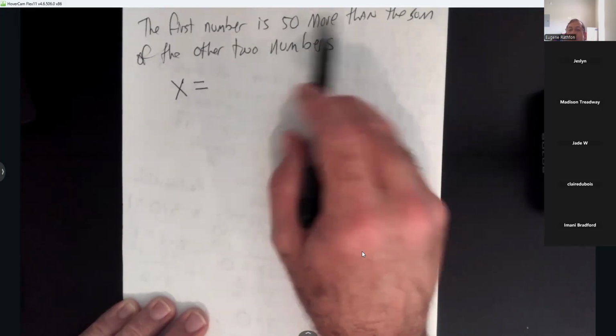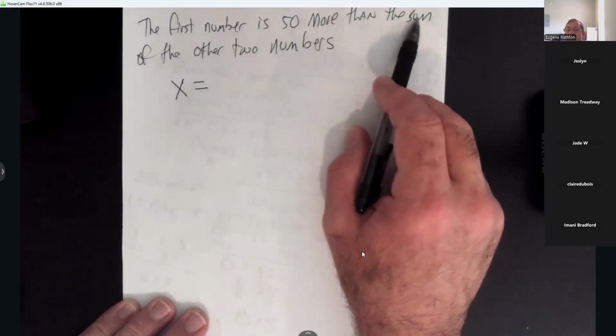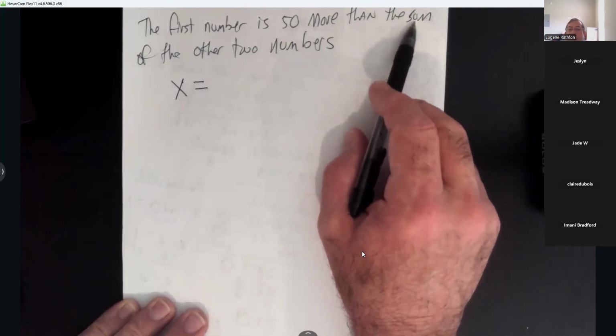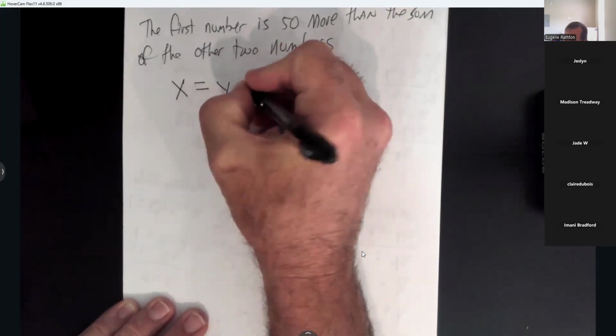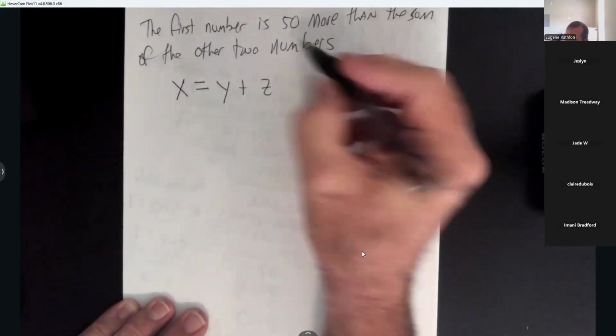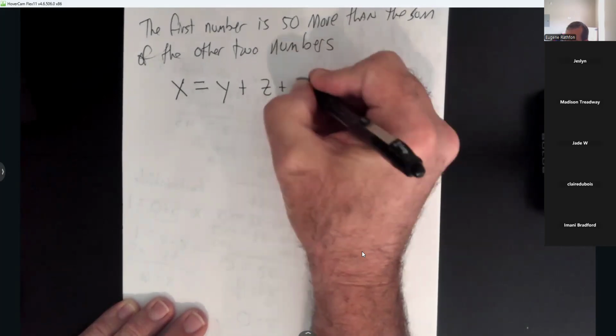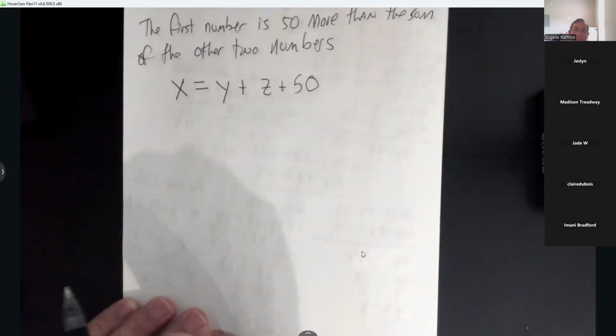So you're adding 50 to whatever these two numbers mean by sum. So sum means you're adding them. So I don't know those two numbers, so that'll be Y plus Z. And then 50 more would be plus 50.